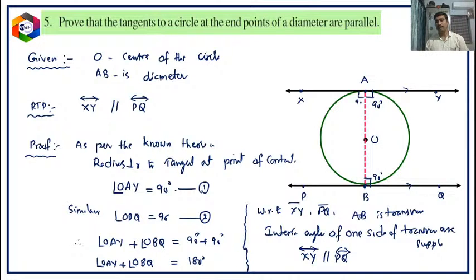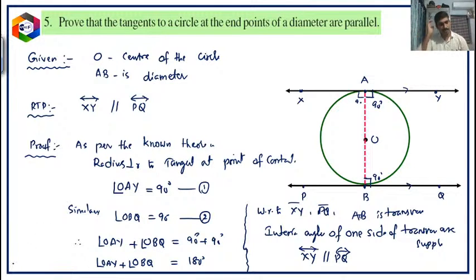So therefore, interior angles on the same side of the transversal sum to 180, therefore the given two lines are parallel to each other. Okay children? Yes. So that is another important point. This is all about the first exercise, children.